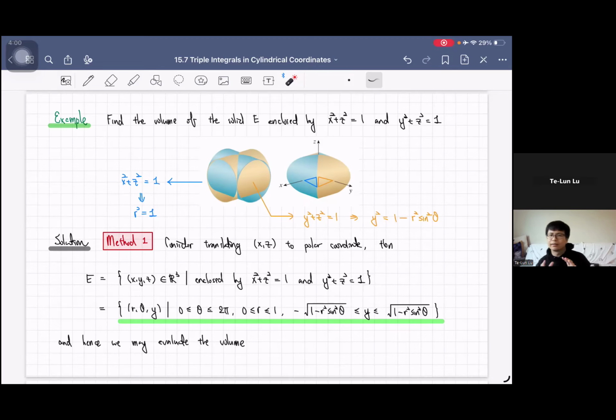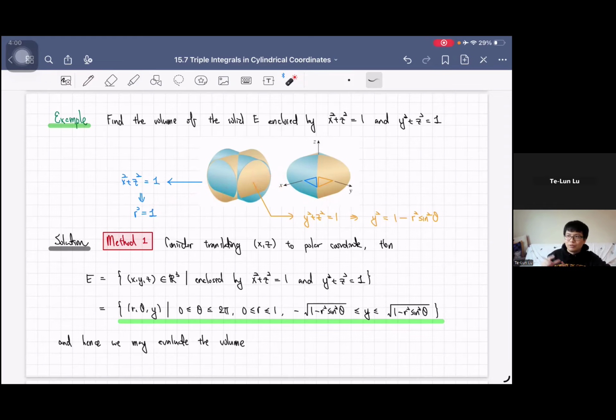So since it is again symmetrical, right, we should maybe assume that we can use cylindrical coordinates. In this case, the symmetry of the cylinders is with respect to the x-axis and the y-axis. Obviously, you can maybe rotate this solid, because rotation preserves the volume, right?